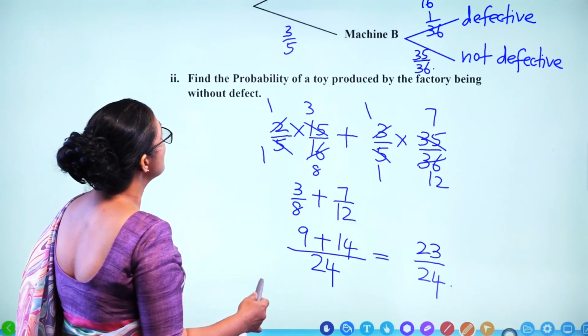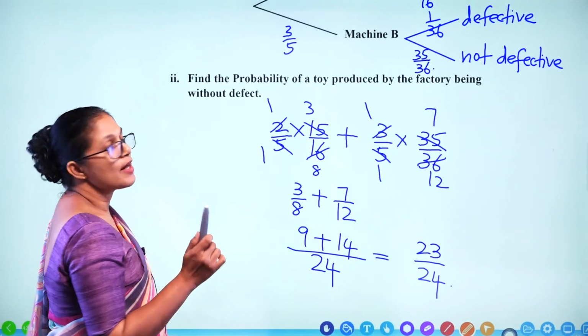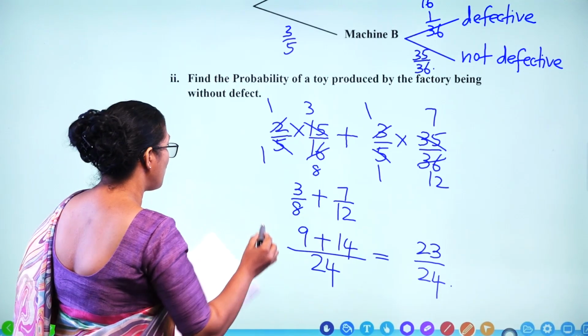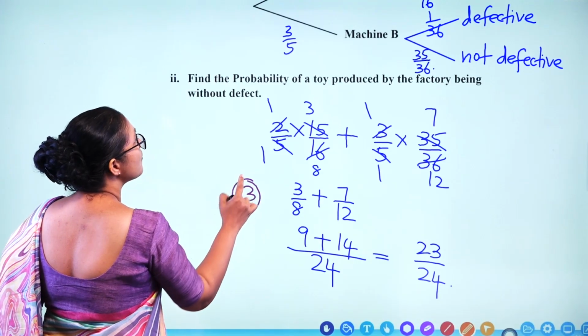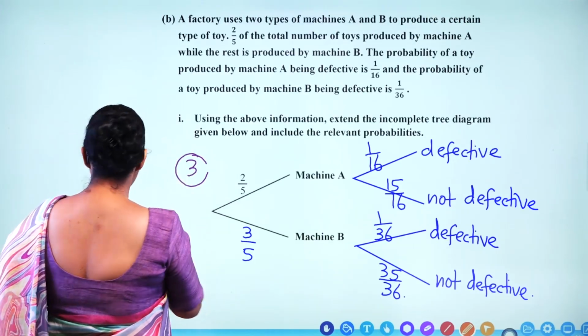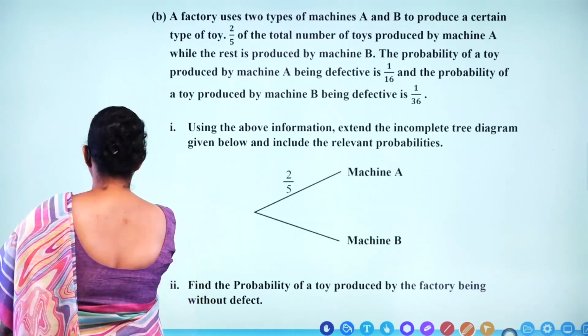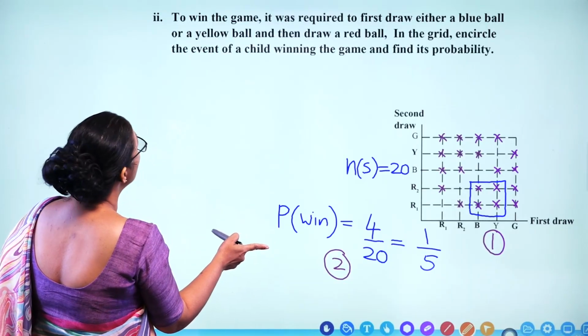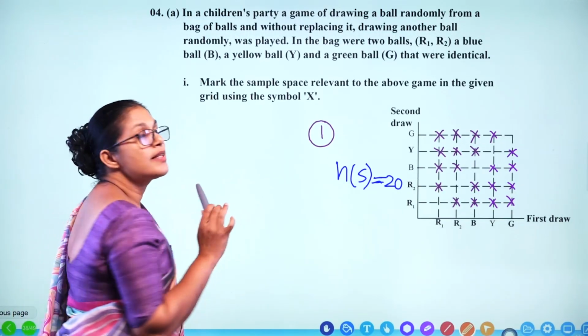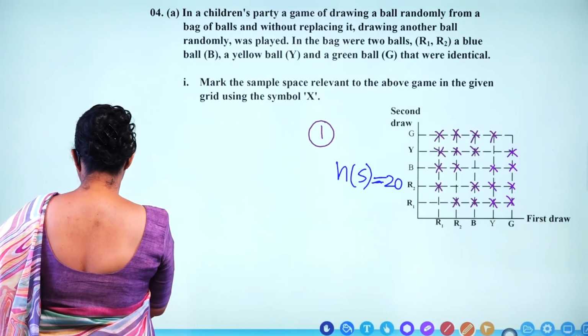That's the probability of a toy produced by the factory being without defect. 3 marks you are getting for this one. So 3, 6, and here 3, so 9, and then 1, 10 marks for the whole question.